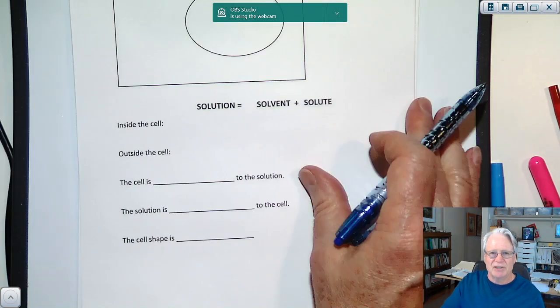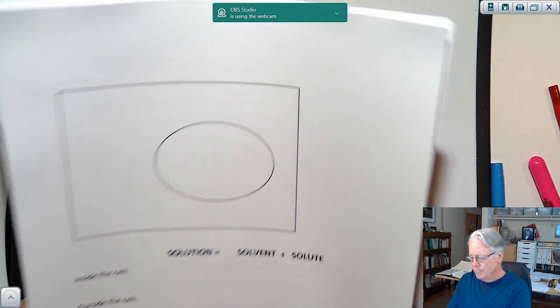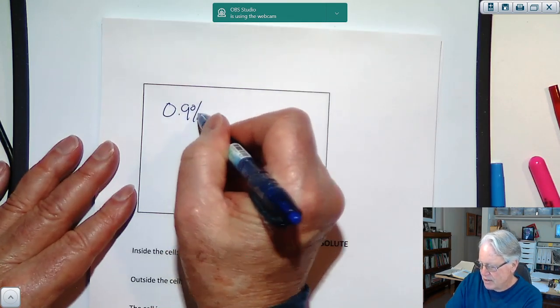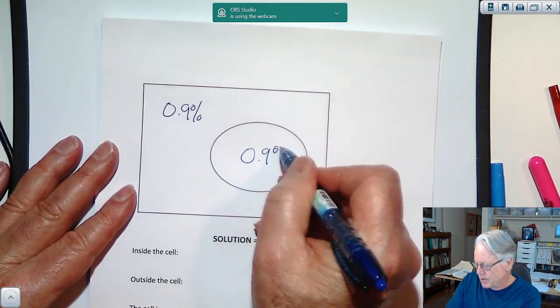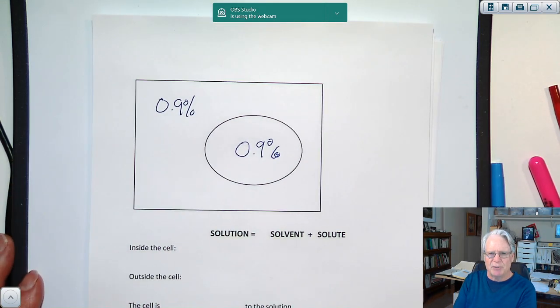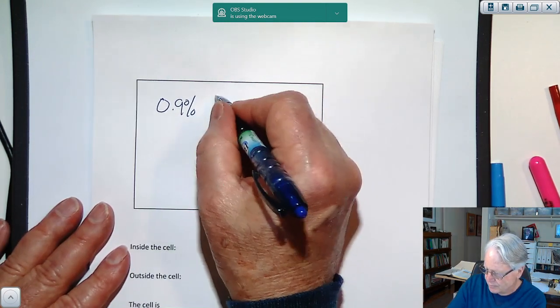And you probably have guessed now what that's going to look like. So that means that this is 0.9%. This is 0.9%. And I think now you can see that there's going to be no net movement of water.